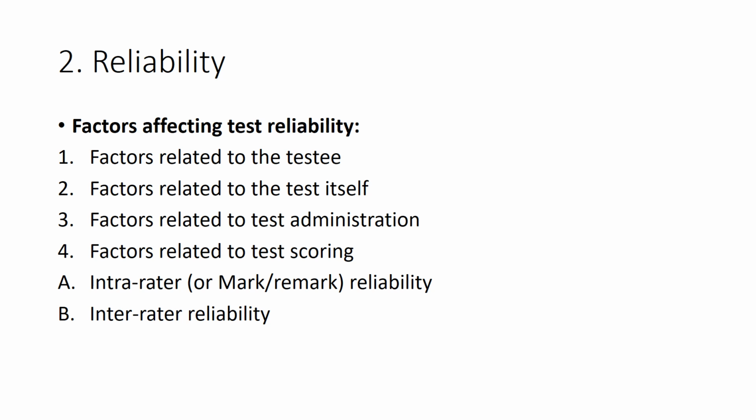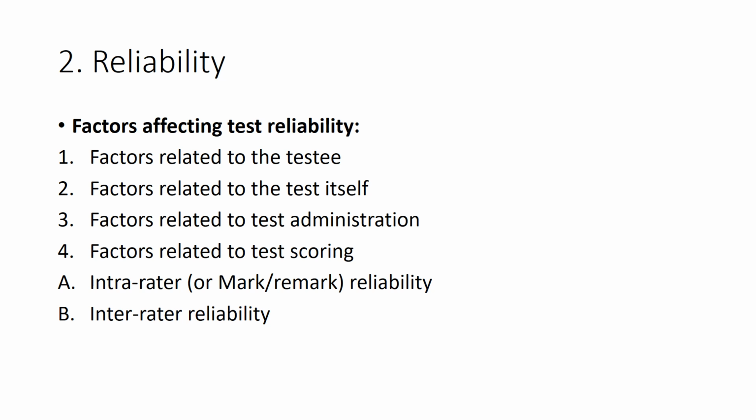We are talking about the same teacher scoring the test in the 2 times, and as we said, it is difficult to give the same score in these 2 times, due to the difference in the subjective judgment that he is going to make on the performance of the students in the 2 times. So this is called intra-rater reliability.